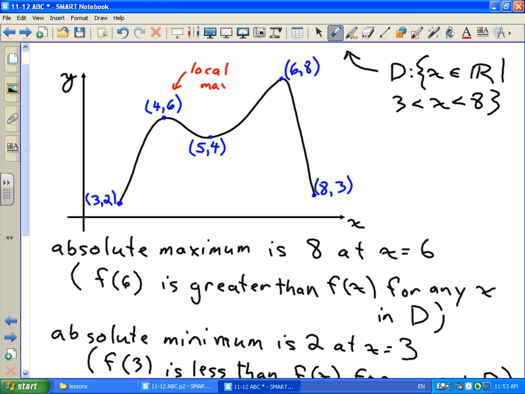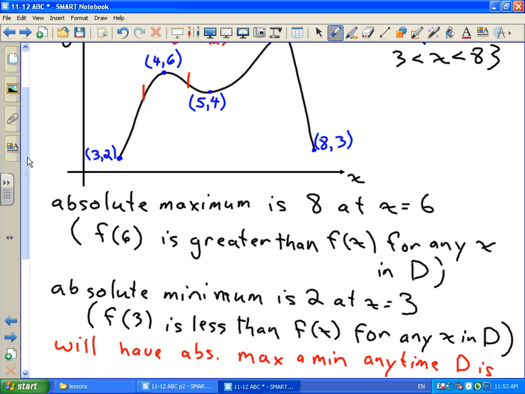And why do we call this a local maximum? Because if we look at the region right around x equals 4, from about here to here, 6 is the largest value in that little local region. So it's not the greatest possible value of y, it's just the greatest possible value of y that is close to this value here.